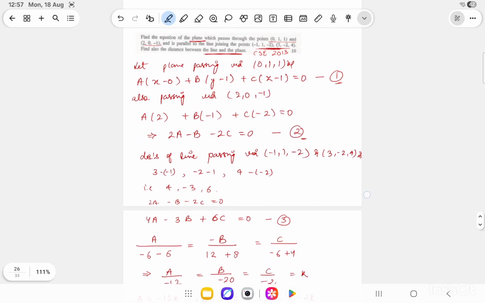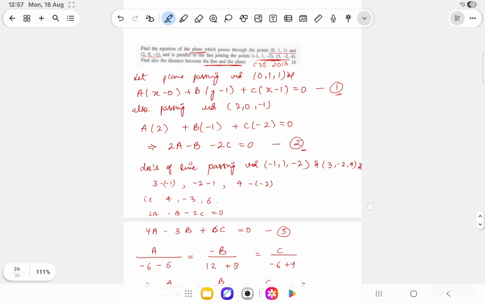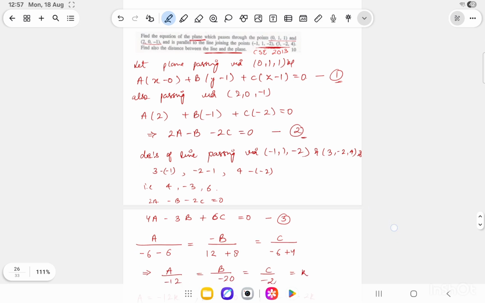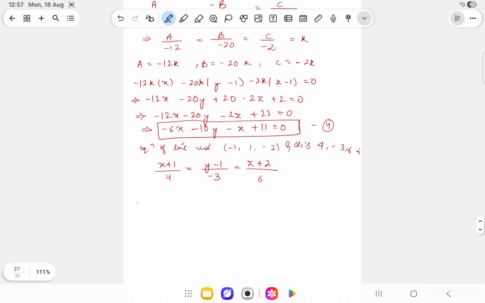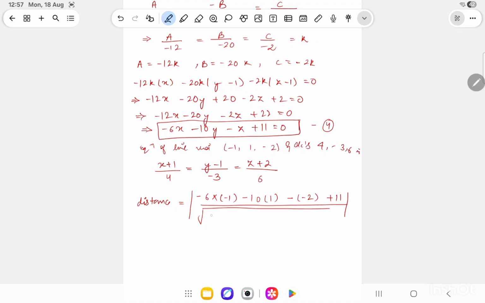So further they have asked what is the distance between line and the plane. We have a formula to calculate distance. So distance equals modulus of -6 into -1 minus 10 into 1 minus of -2 plus 11 divided by under root (-6) square plus (-10) square plus (-1) square.